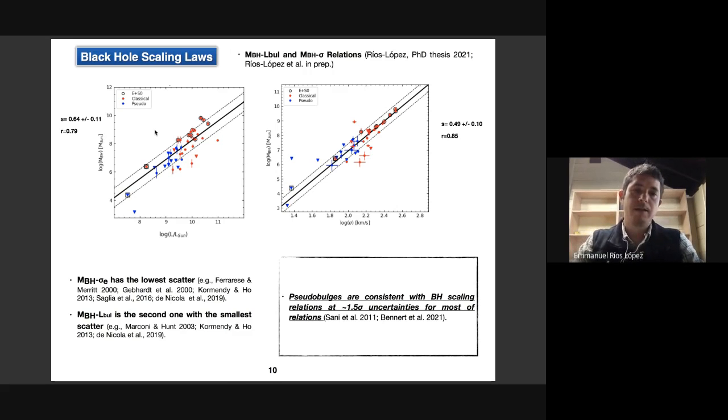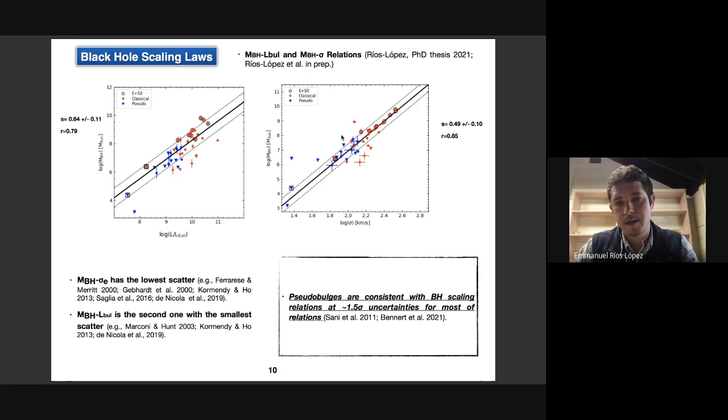Regarding the black hole scaling laws, here I show you the relation between black hole mass on the vertical axis and the luminosity of the bulge on the left side, and the velocity dispersion sigma on the right side. We are in agreement that the sigma relation is the one with the lowest scatter. Here we want to highlight that pseudobulges, the blue dots, populate the lower part of the relations.